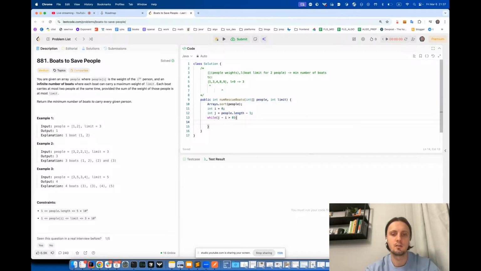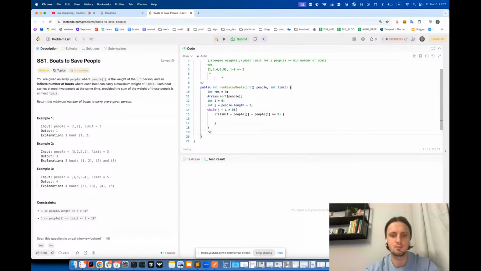Here we calculate if limit minus people j minus people i is greater or equal to 0. Here it would be our result. We return this result at the end.